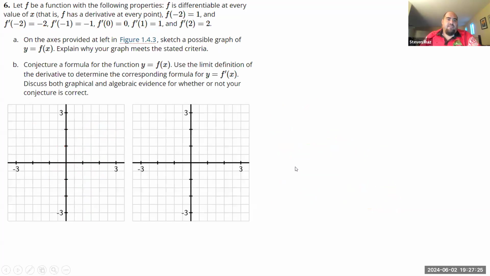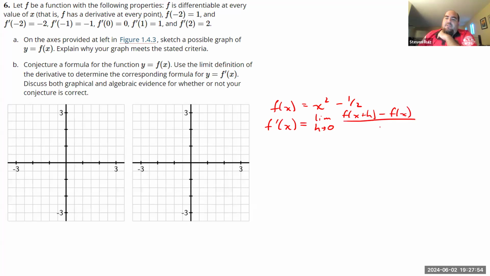Let's look at finding the derivative here. I put the slides in here backwards, didn't I? Excellent. That's okay. So we have f of x equals x squared minus 1/2. Let's try to find a derivative. What is f prime of x? We're going to use the limit definition of derivative here: the limit as h goes to 0 of f of x plus h minus f of x all over h.